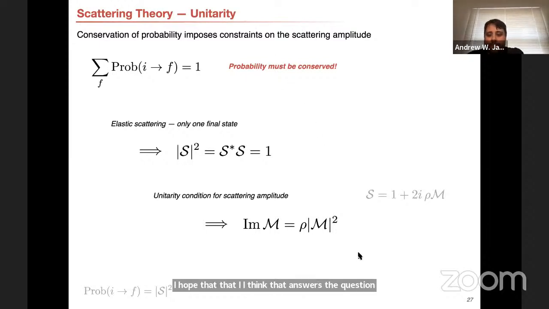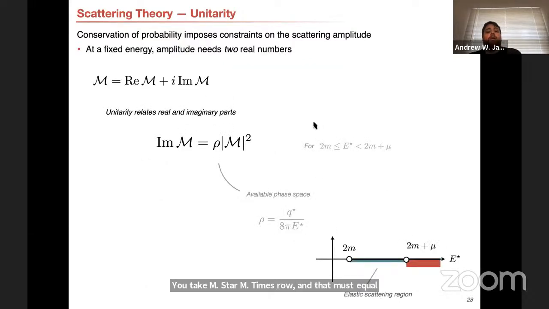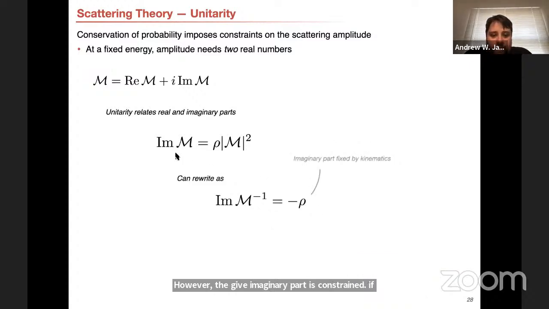Yeah, okay, good. So this is, again, a complex number. You take m star m times rho, and that must equal the imaginary part of m. As we were saying, in general, you would need two real numbers, the real part and the imaginary part. However, the imaginary part is constrained. If we do a little mathematical trickery, which again is an exercise, you can rewrite this condition as a condition for the inverse m, by which I mean 1 over the scattering amplitude.